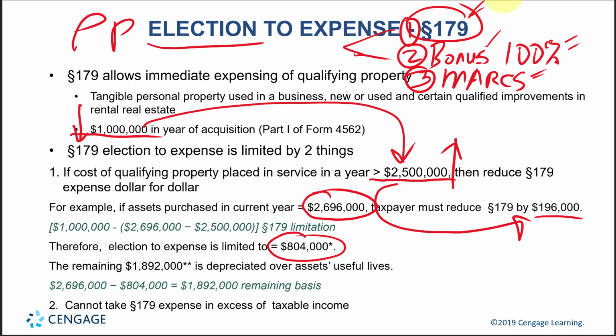Now the rest of what you had bought here, the rest, you can deduct as bonus. This number 2 now, right? And if you elect out of bonus, the rest can be deducted under the MACRS depreciation. Okay, number 1, 179. And if you have leftover, bonus. And if you elect out of bonus, MACRS.